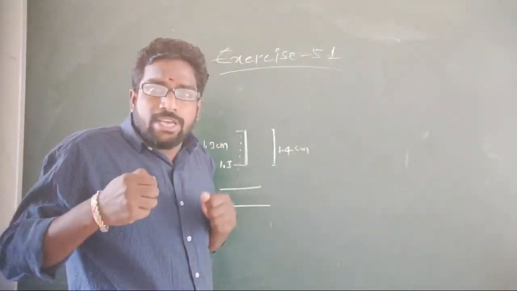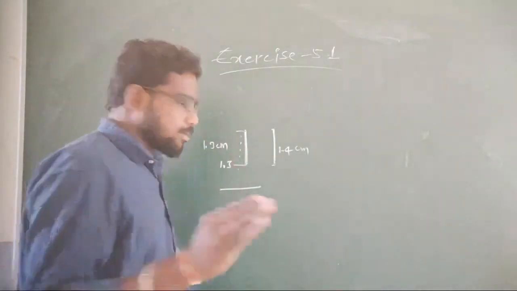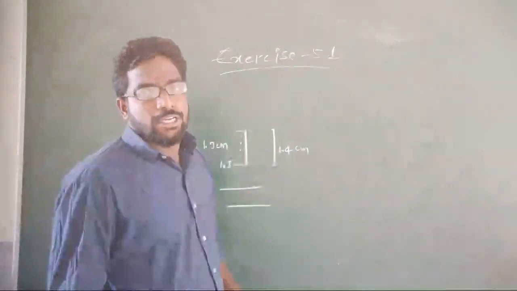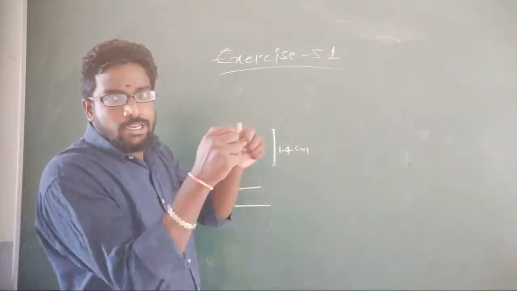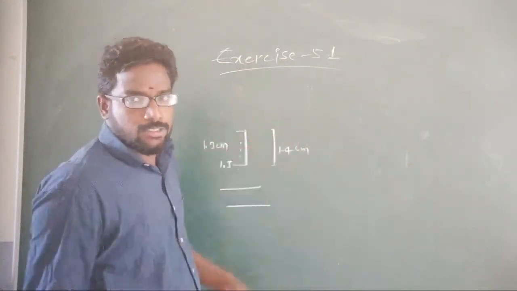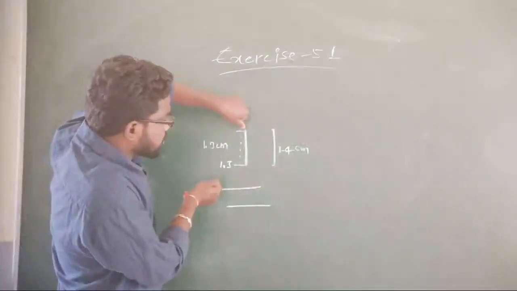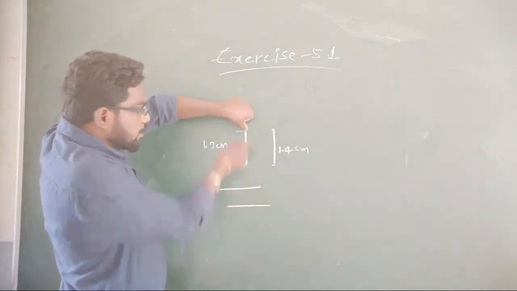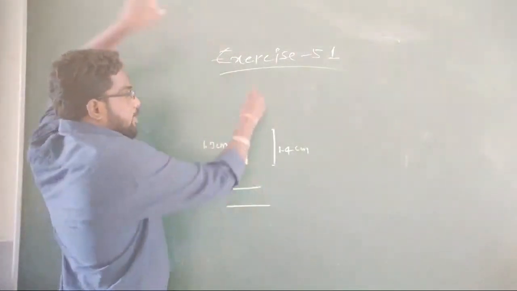But if you want to know the exact length, without any problem, we have to use a divider. Take the divider from your geometry box. It has two sharp edges. Take the divider and open it, and keep one of the edges at one end of the line segment, and keep the other edge at the other end of the line segment like this.